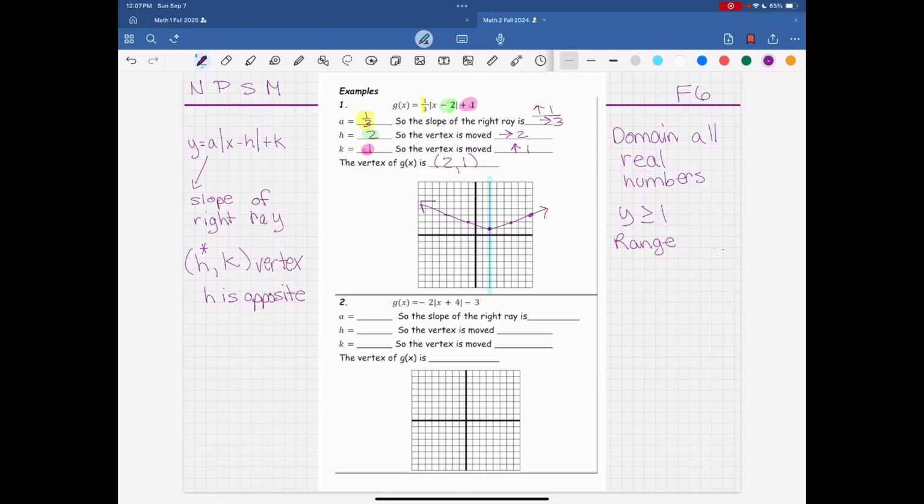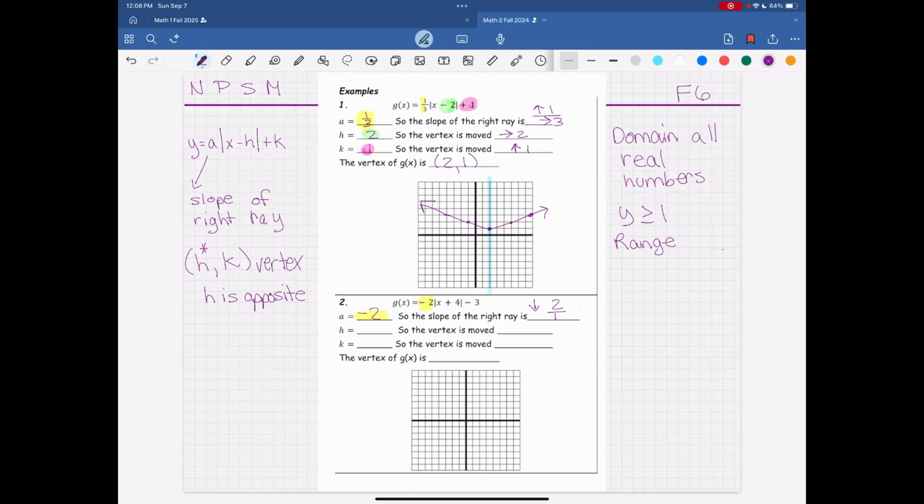Example 2, same idea. Example 2, we have g of x equals -2, absolute value, x plus 4 minus 3. And if we're looking at outside of our absolute value bars, we have a -2. This is going to be minus 2, which means we are going to go down 2 and right 1.